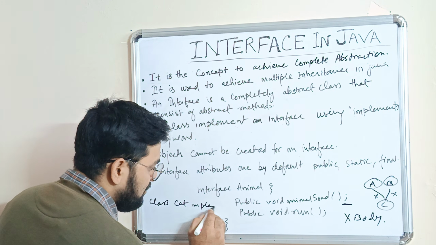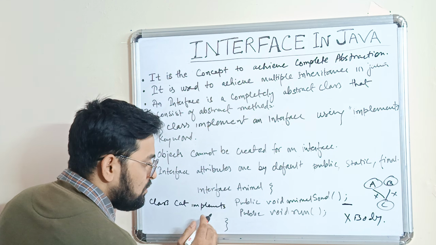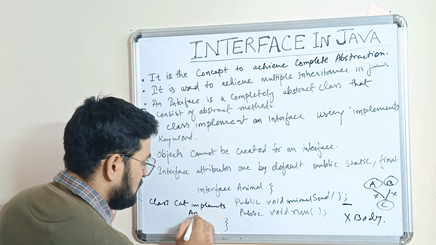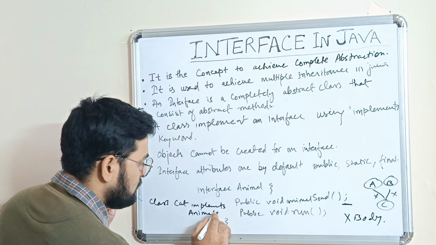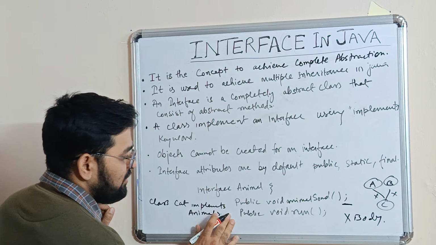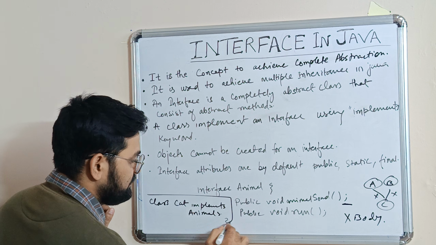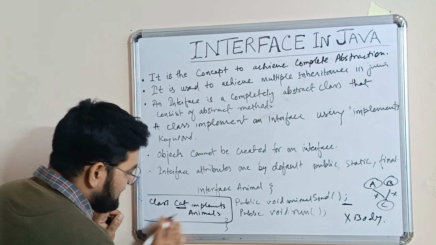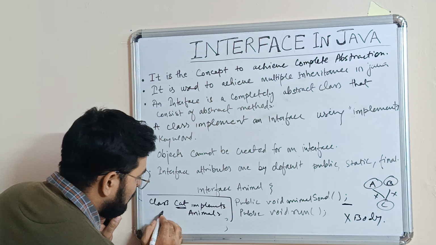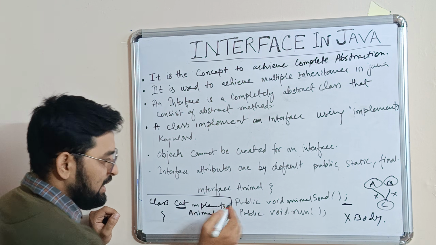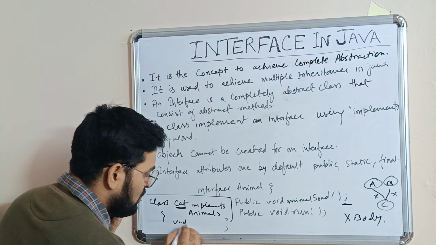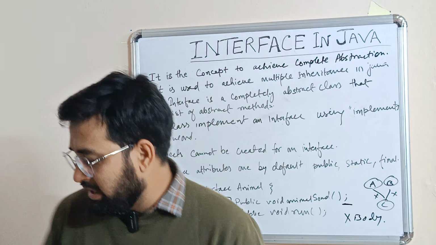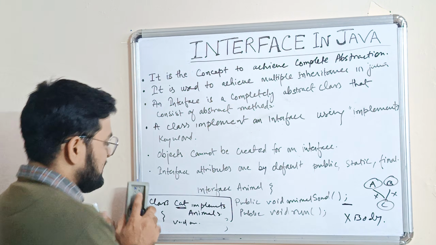We write implements. What are we implementing? Implements Animal. This is the way we can write. So this class can implement the interface, and inside this class we can have the method body. We can have this method void animalSound. I will give you a complete detailed example so you will understand.